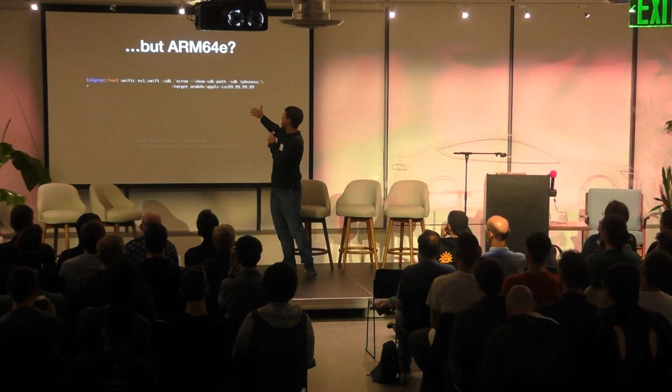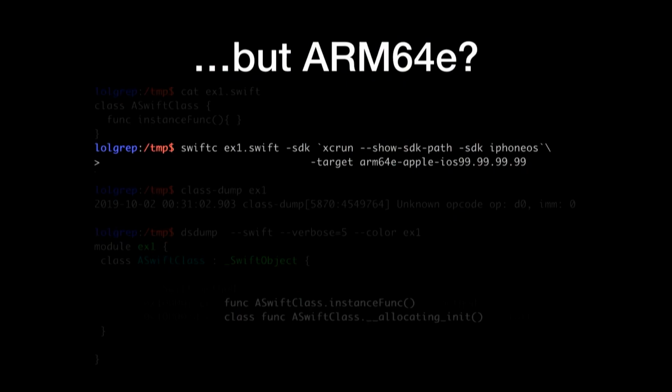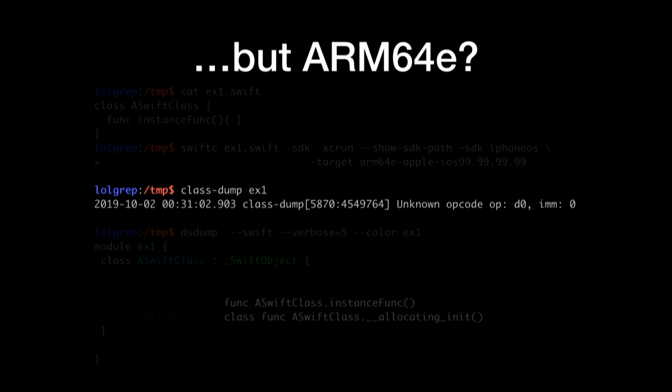I'm just giving it a bogus triple, sorry, of 99.99.99.99. Compile it for ARM64E. Let's see what happens. Class-dump: unknown opcode. What the hell?